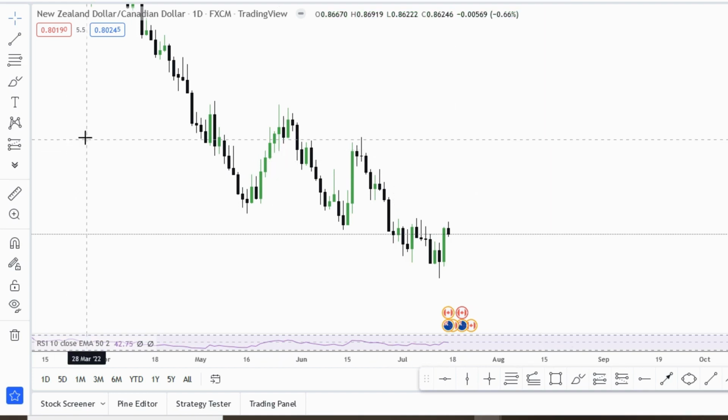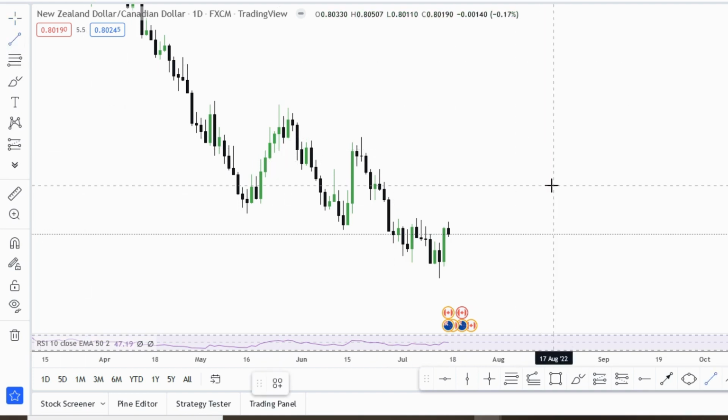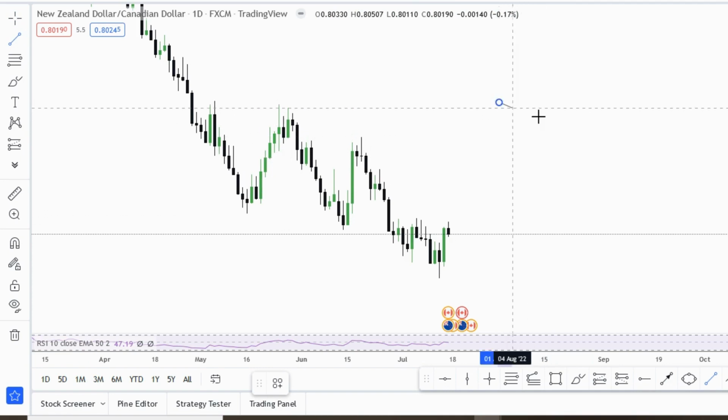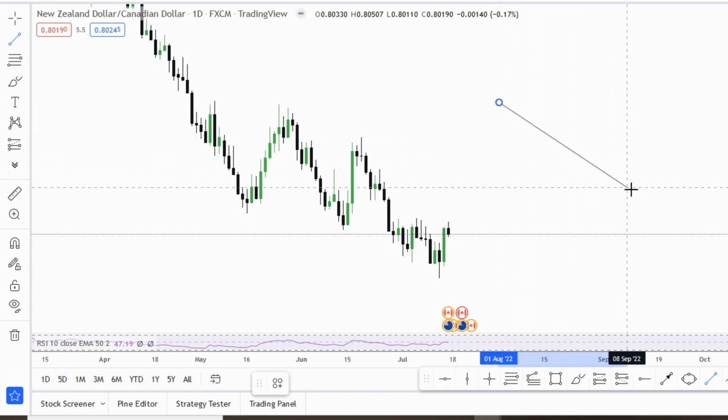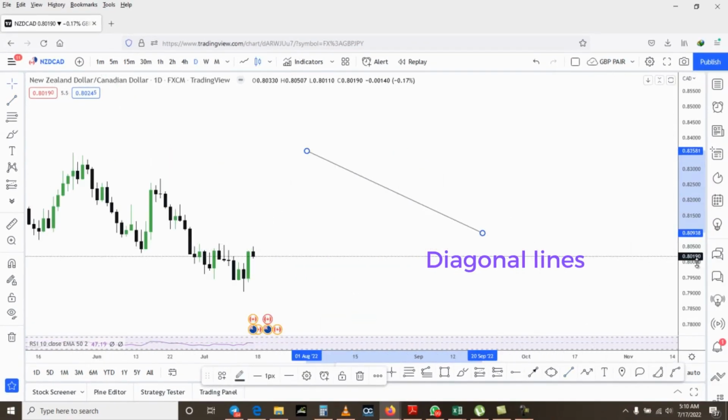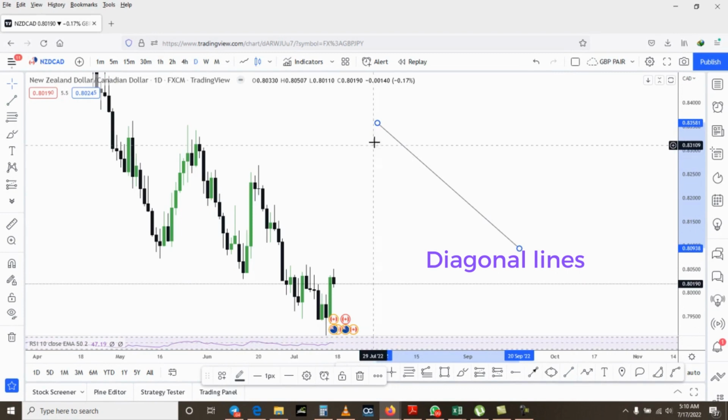So if support and resistance are horizontal lines, trend lines are diagonal lines, in this format.